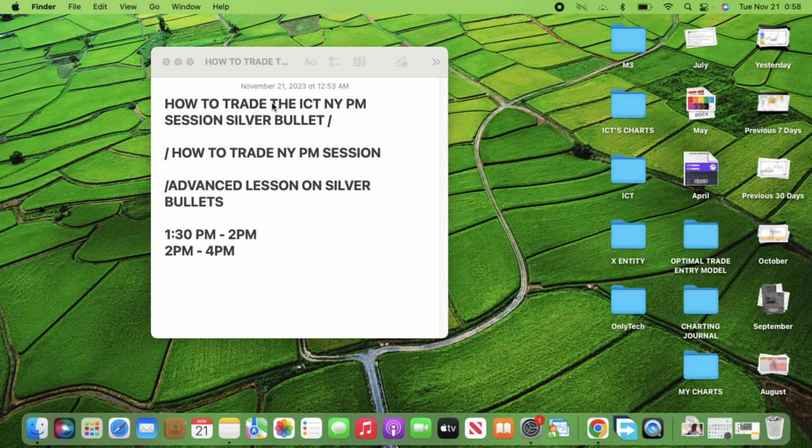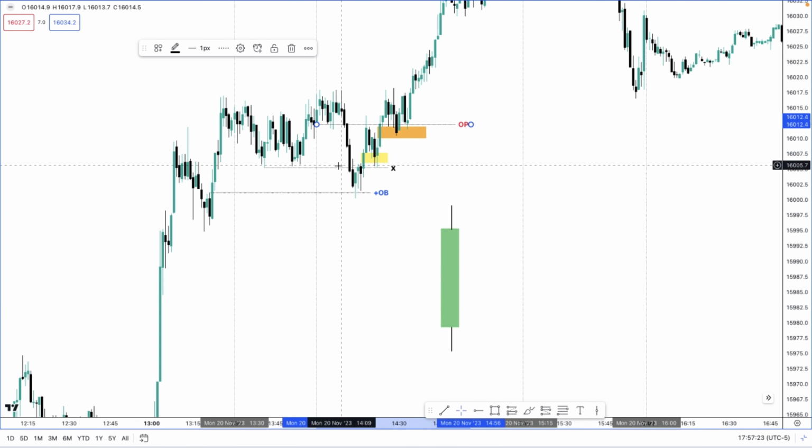So I'm interested in looking at what is the opening price for the PM session. In other words, immediately at 2 o'clock, what is the opening price? What marking the opening price does is that it allows me, without the use of an indicator, to gauge between overbought and oversold.